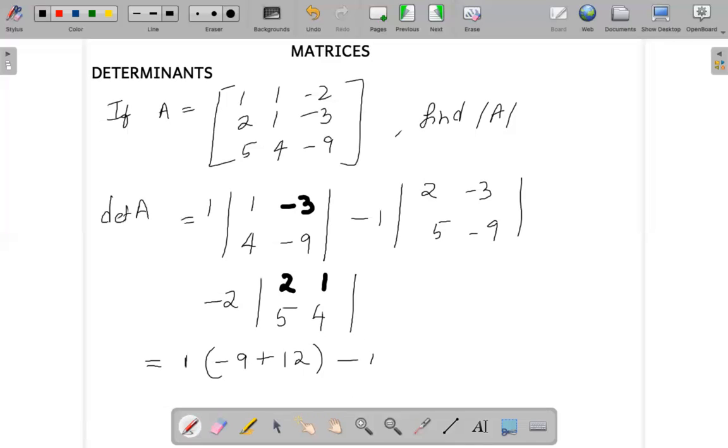So minus 1. Okay. 2 multiplied into minus 9 gives minus 18, and then this will be minus of minus plus 15, and this is minus 2 and 8 and minus 5.